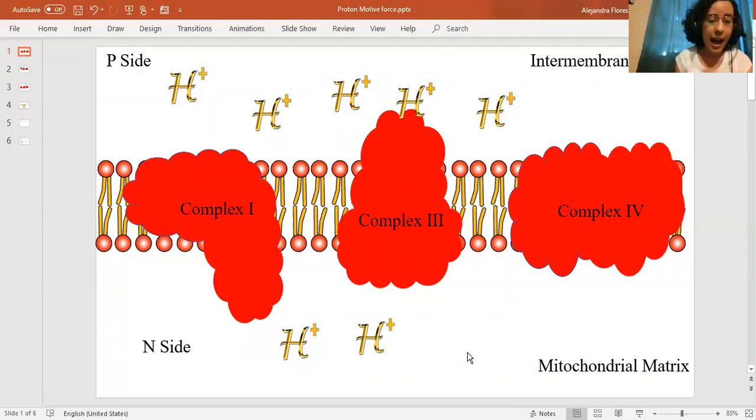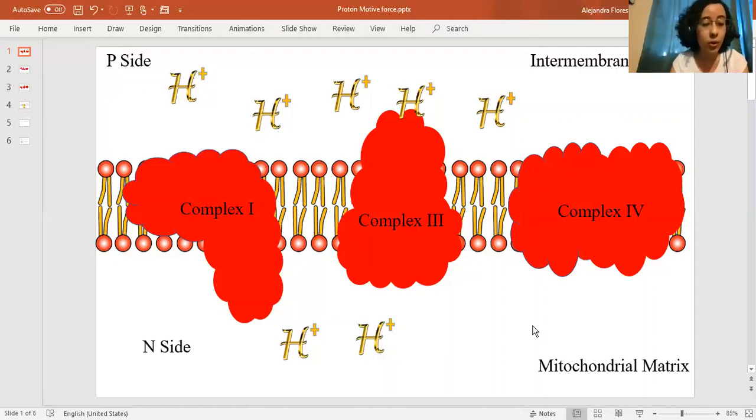but to get out of the party, you need a door. For whatever place you are inside, you need to get out. The protons have that same issue. They cannot cross the membrane just like that. It's like trying to cross a solid wall. They need a channel to be able to pass from this side to this side.